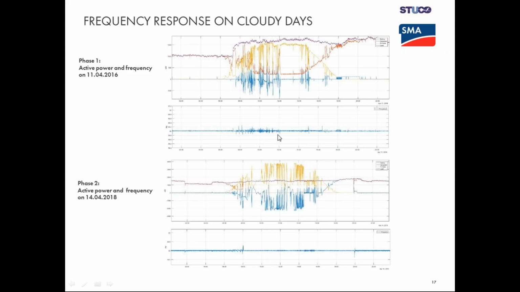So we could eliminate all these disturbances brought into the system by PV. Perhaps you notice these 2 spikes here, one in the morning, one in the evening. And this is designed into the system. It's a droop curve, and we're sharing the load to load and unload the generators.